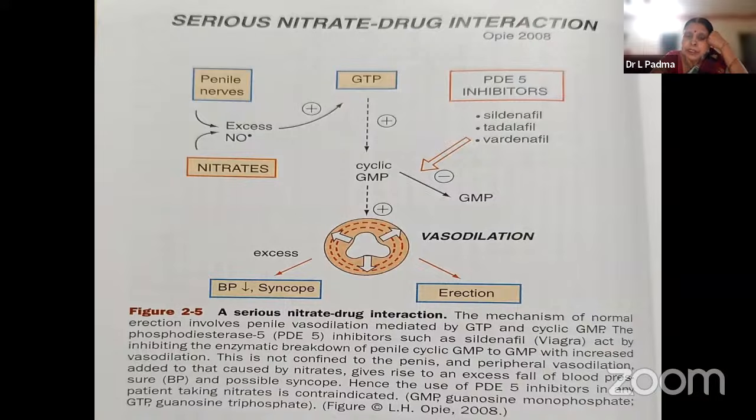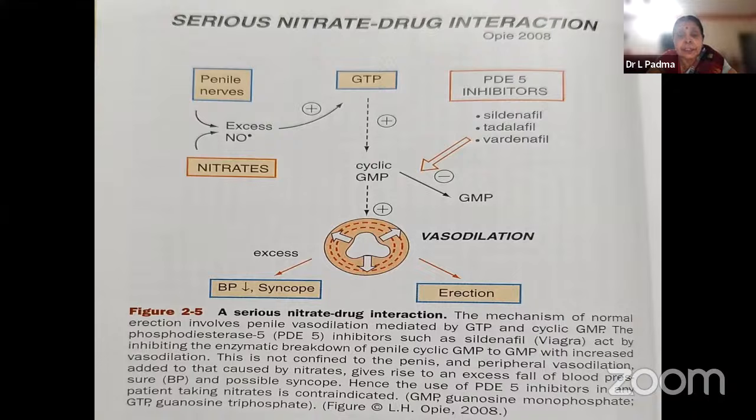The serious drug interaction is mainly because of nitrates and sildenafil or phosphodiesterase 5 inhibitors, which are normally given together. Phosphodiesterase inhibitors as such is a short note where you have to write from 1 to 5, everything. But here we are specific about phosphodiesterase 5 inhibitors, which also cause the same type of vasodilatation by the same mechanism as nitrates.